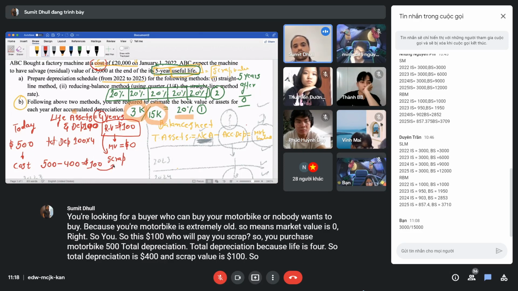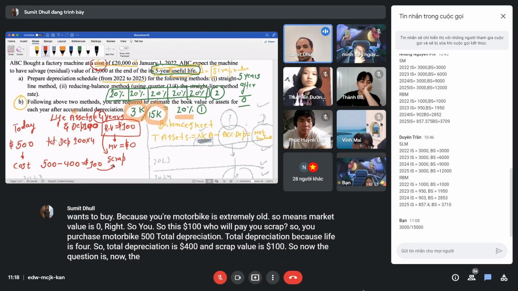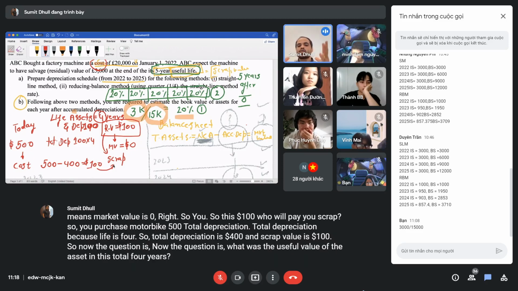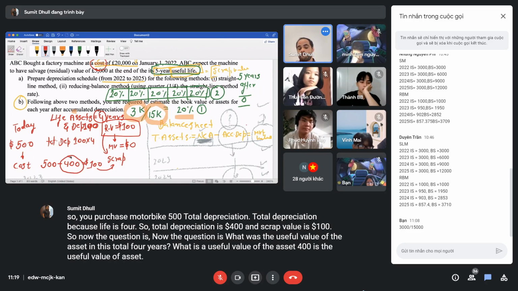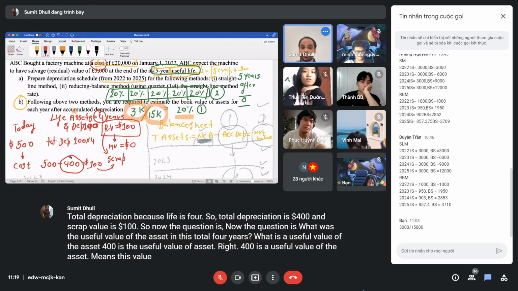So now the question is, what was the useful value of the asset in these total 4 years? 400 is the useful value of the asset, right? This value reduced to make it 0.